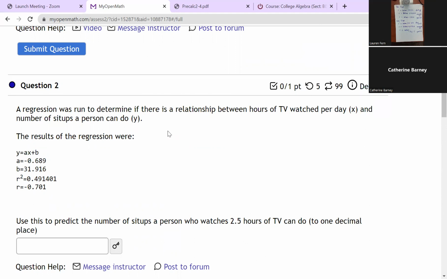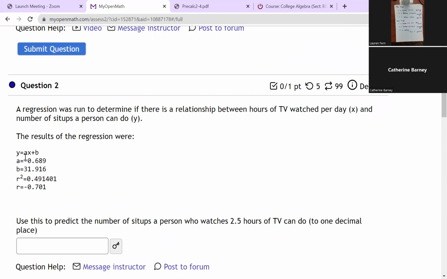Well, of course there is, because if you're watching TV, you can just sit and do sit-ups, right? If you're not watching TV, you don't have time to do sit-ups. Anyway, I'm just being sarcastic. What you do is enter all these data lists in your calculator and press the right buttons, and this is what it comes out with.